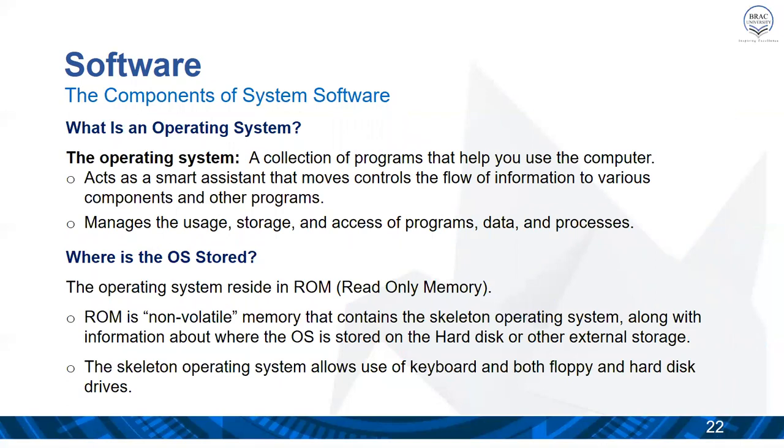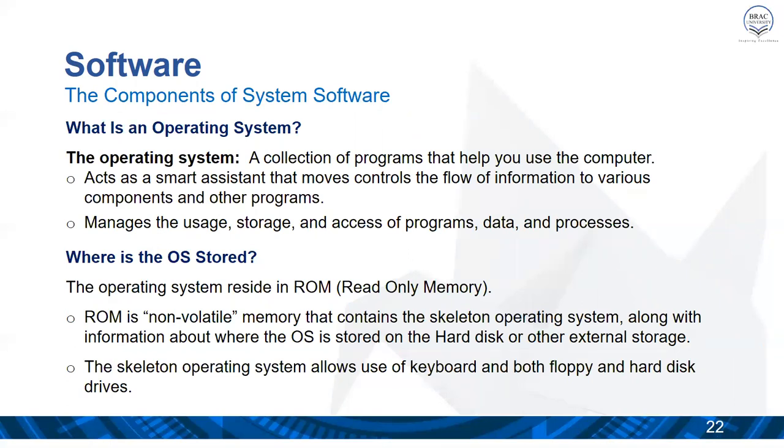So now, the operating system is an important system software for the computer. So we're going to explain a bit more about the operating system. So what is an operating system?